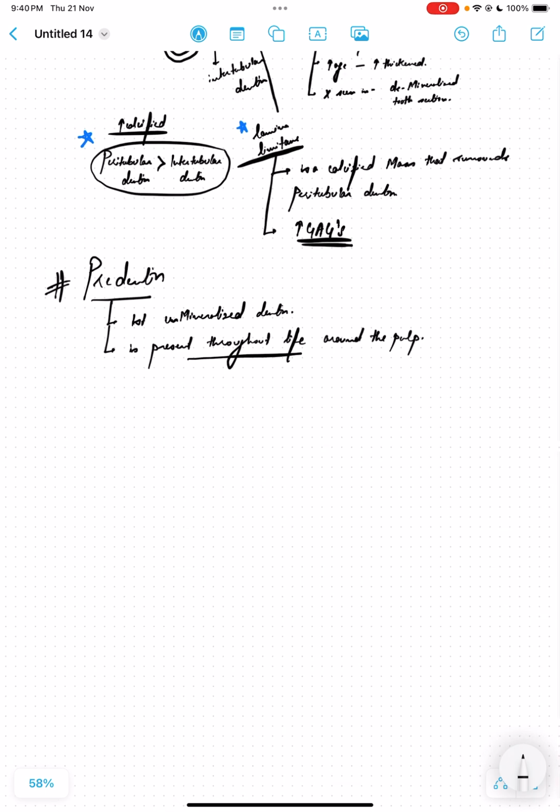So this is basically about predentin. Then there are various other types of dentin, like mantle dentin and circumpulpal dentin.